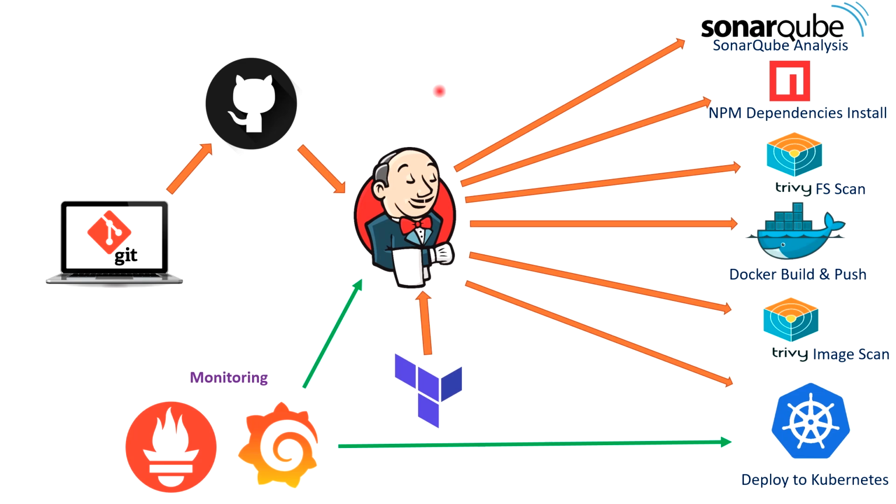And after completion of every build, we will get an email notification on our Gmail ID with the Trivy scan results and the complete log of the job completed. So let's start building our project.